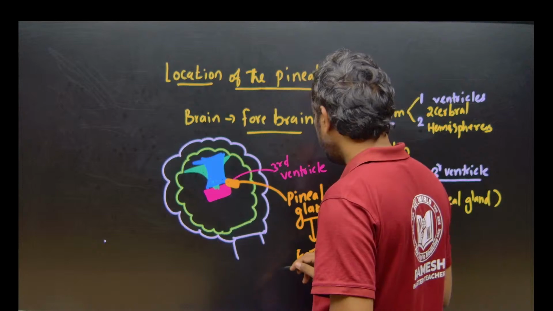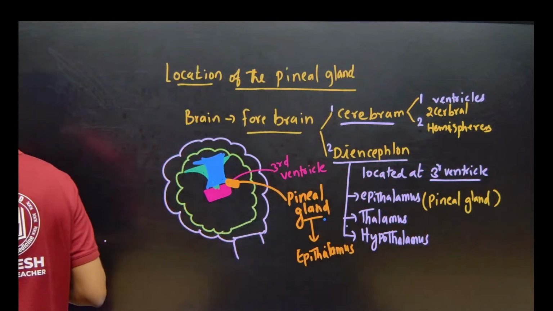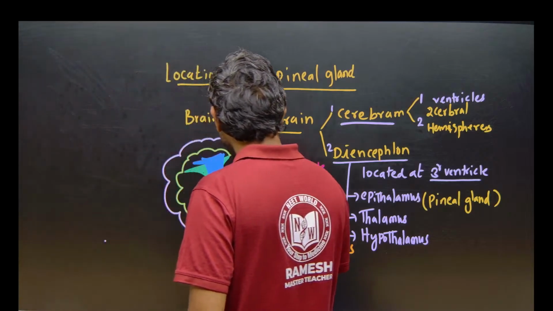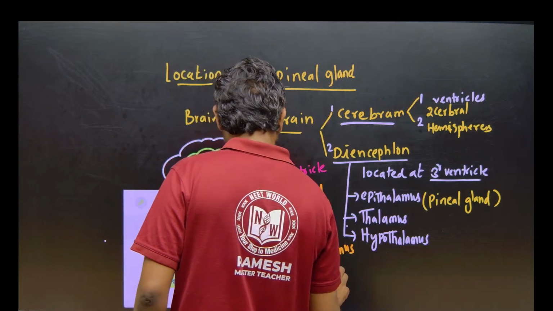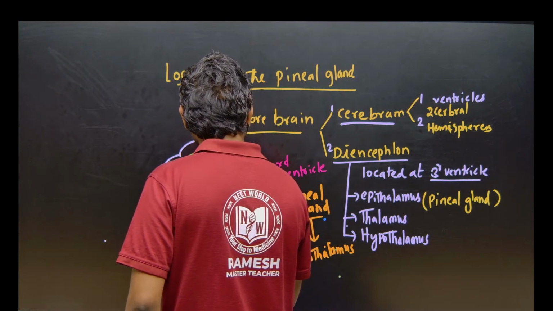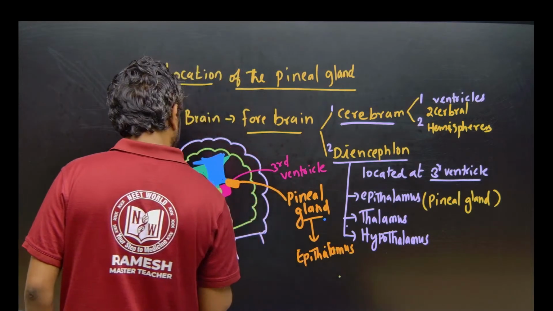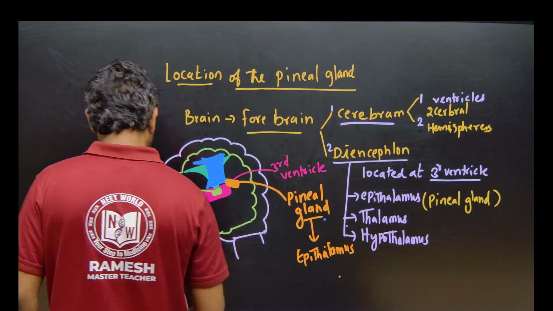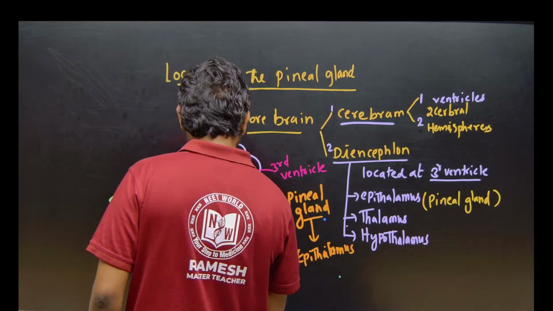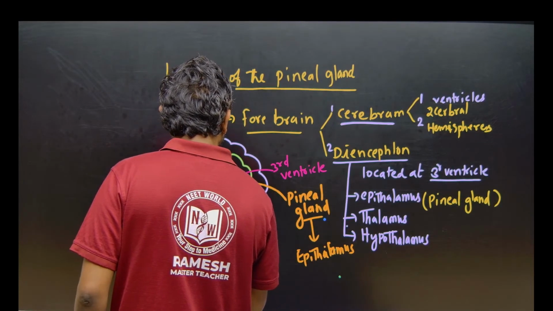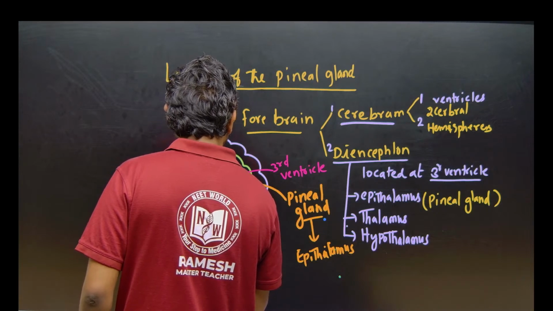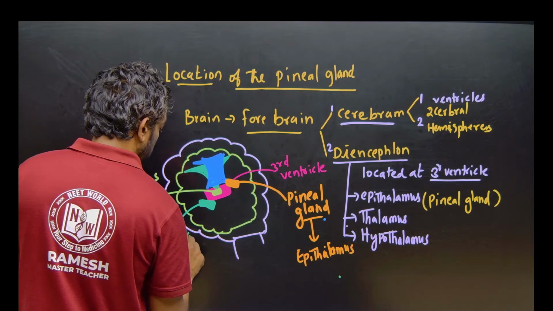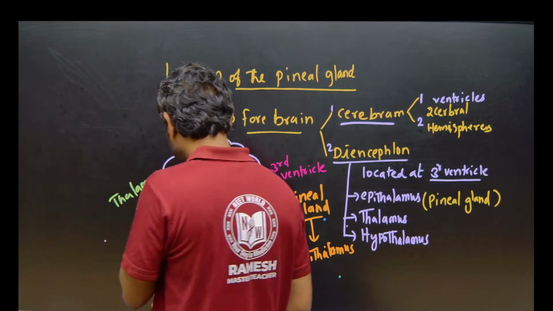The middle part of the third ventricle we call the thalamus. The part below the third ventricle is the hypothalamus.